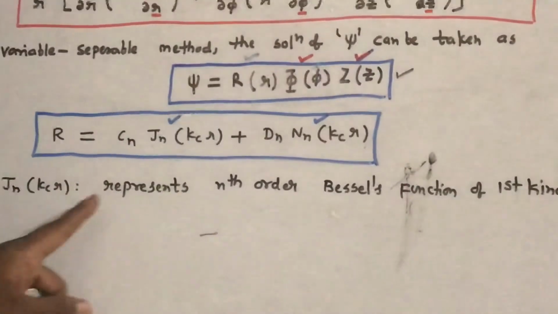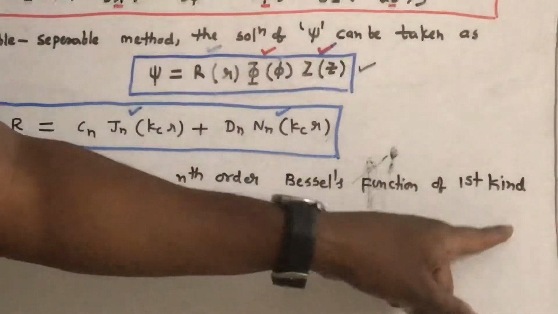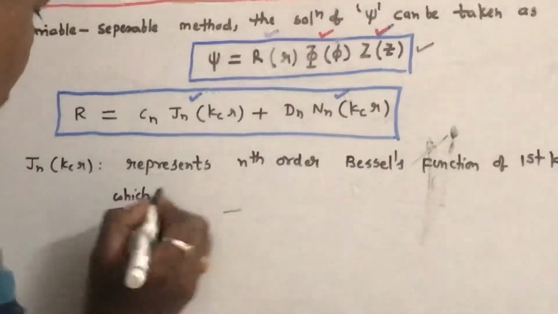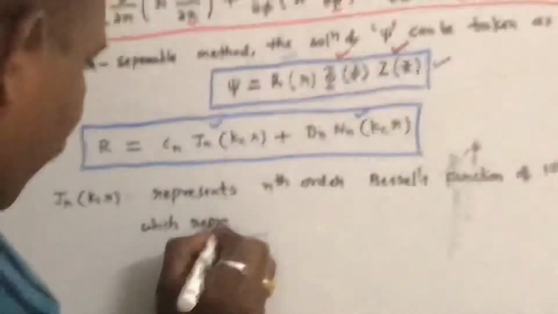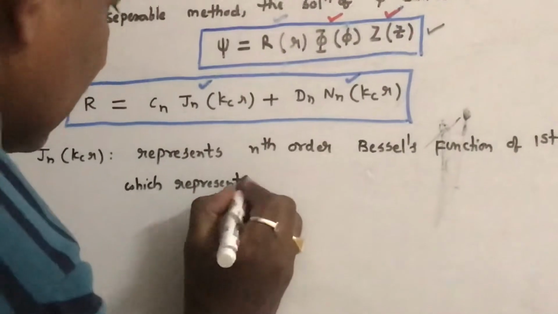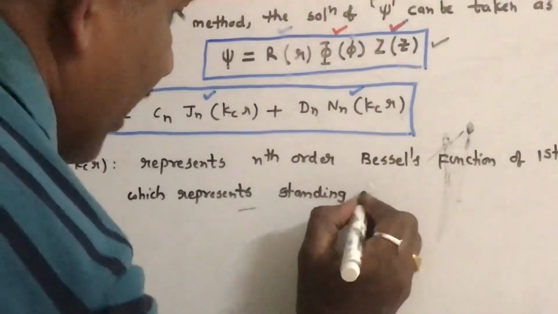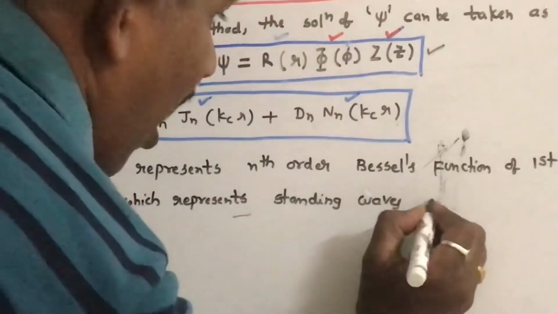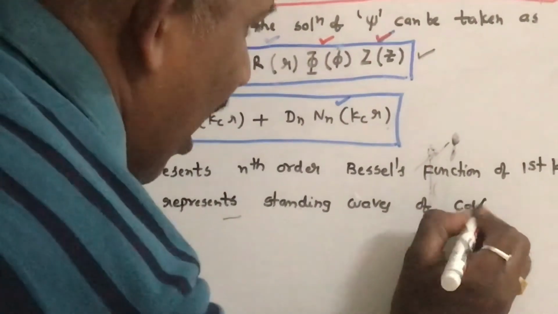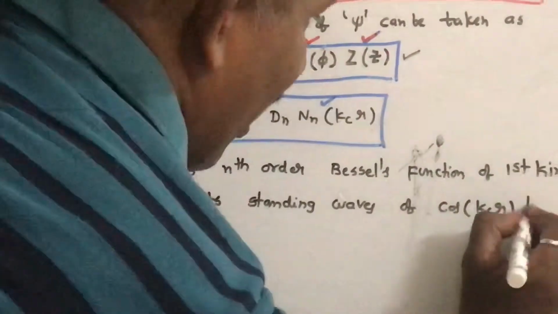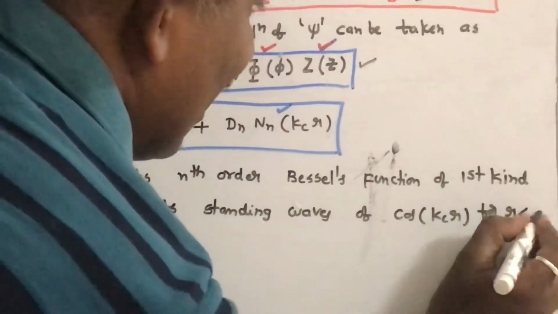So what does this term represent? The nth order Bessel's function of first kind represents standing waves of cos of kc r for r less than a.